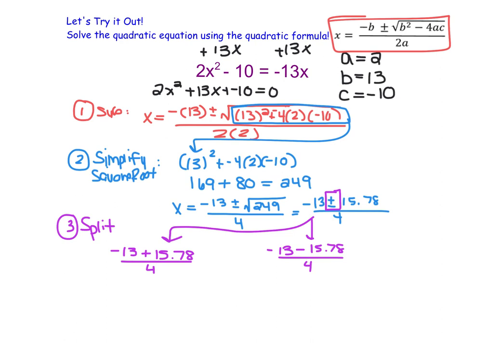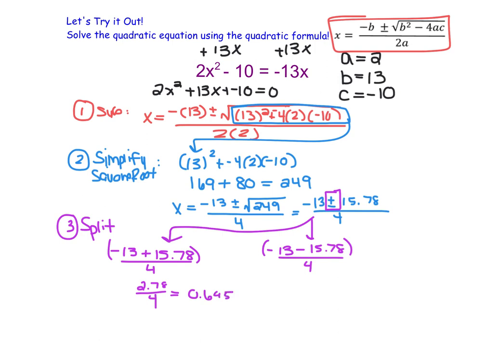So for this first one, remember, we always do our numerators first because there's really parentheses around that. So we have negative 13 plus 15.78, which becomes about 2.78, then divided by 4, which gives me 0.695.